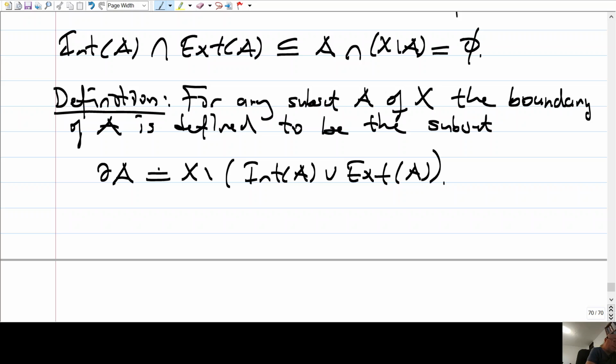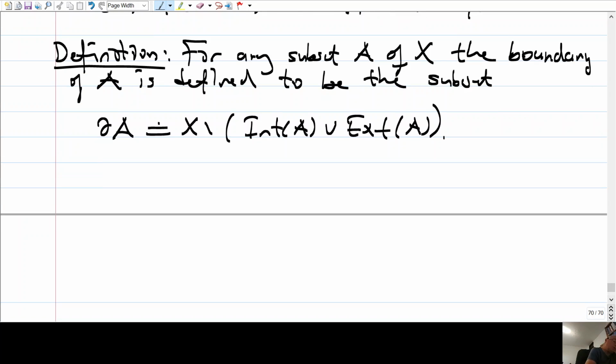And from this definition, we immediately see that, first of all, these three sets are all disjoint, right? Because these two are already disjoint, and boundary A is just defined as the complement of the union of these two.